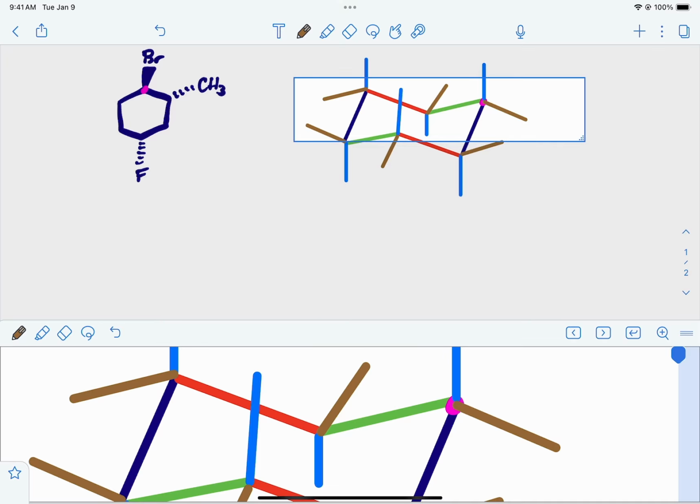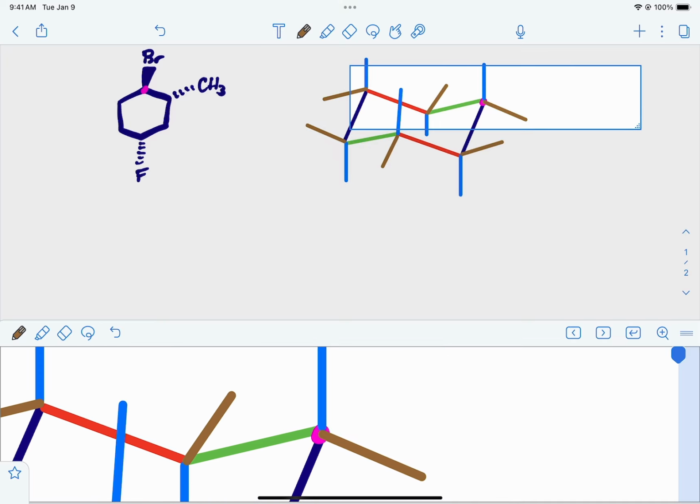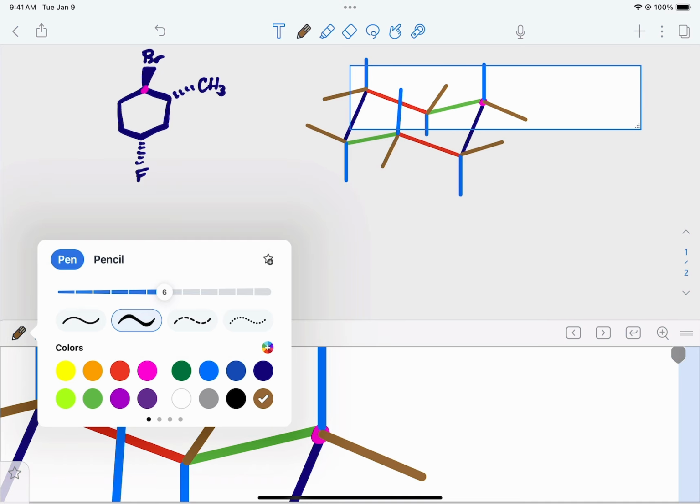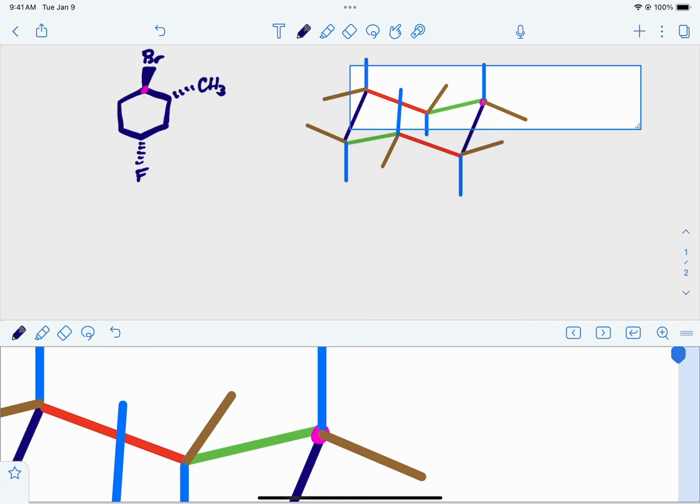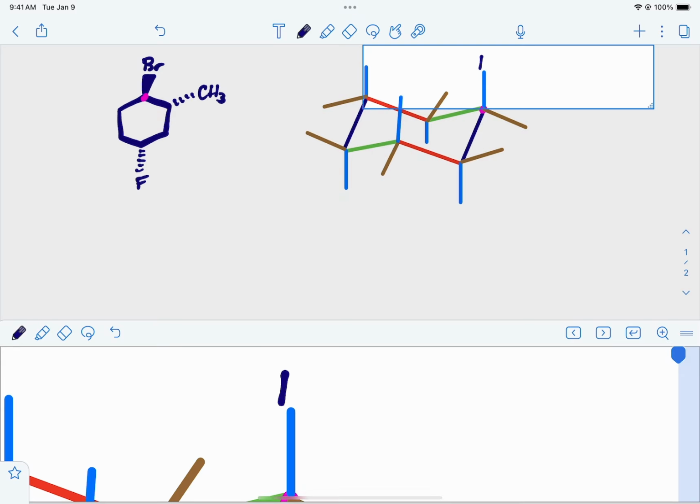So back to our original question, which of these lines on our pink carbon is up? Well, hopefully you can see that the blue line, the light blue line, is up. The axial is up on that carbon. And this is also kind of important. Realize that axial does not always mean up, right? On this carbon, axial means up.